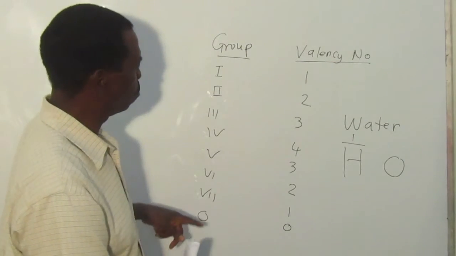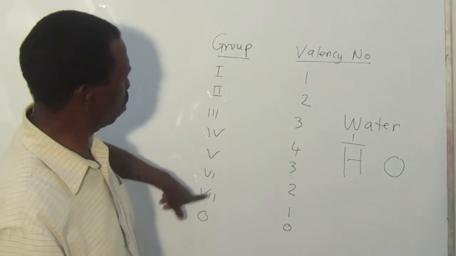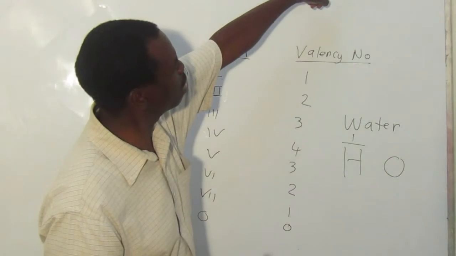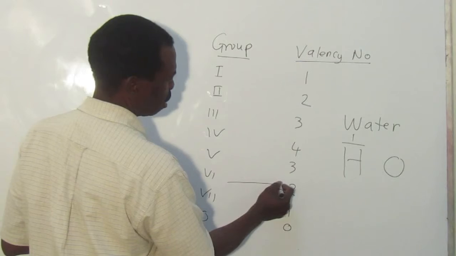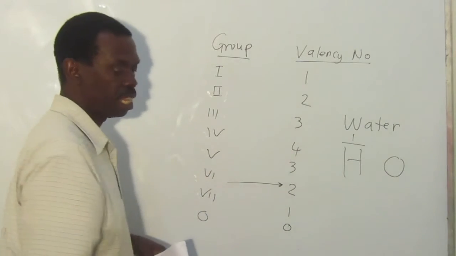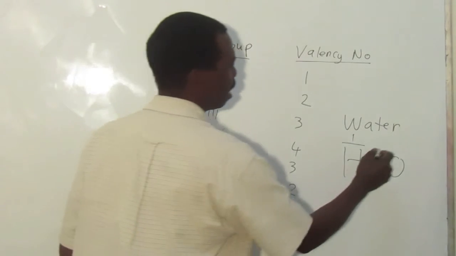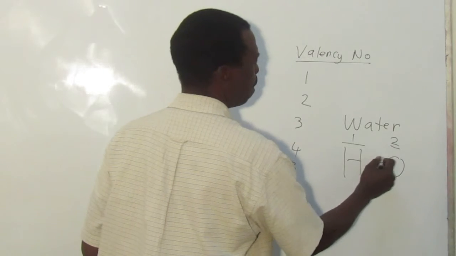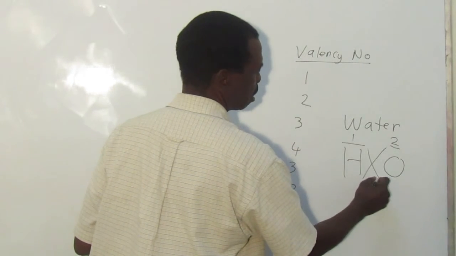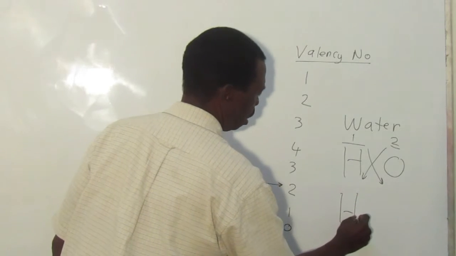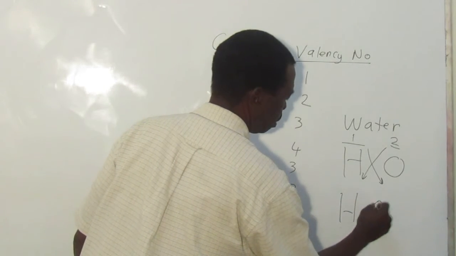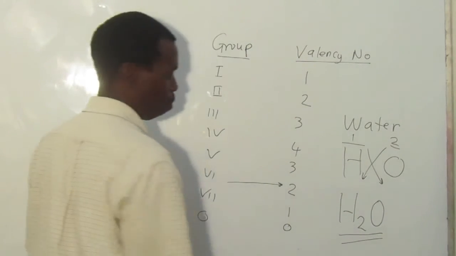Oxygen, again, if you look at the periodic table, is found in group 6. And we are saying that group 6 has the valence number 2, meaning there are 2 electrons that are involved. And I'm going to write it at the top there. To write the correct formula, you are supposed to now cross them. And that is how we are going to say it's going to be H2O.